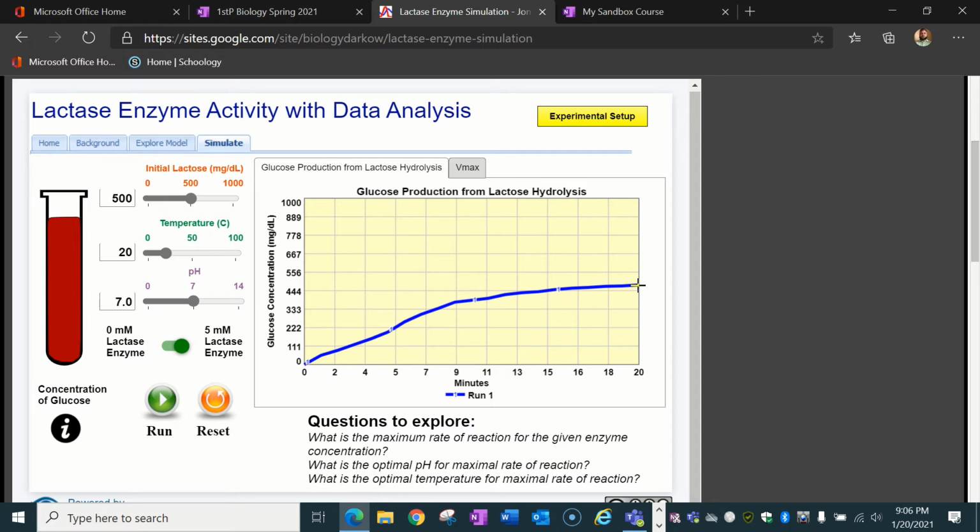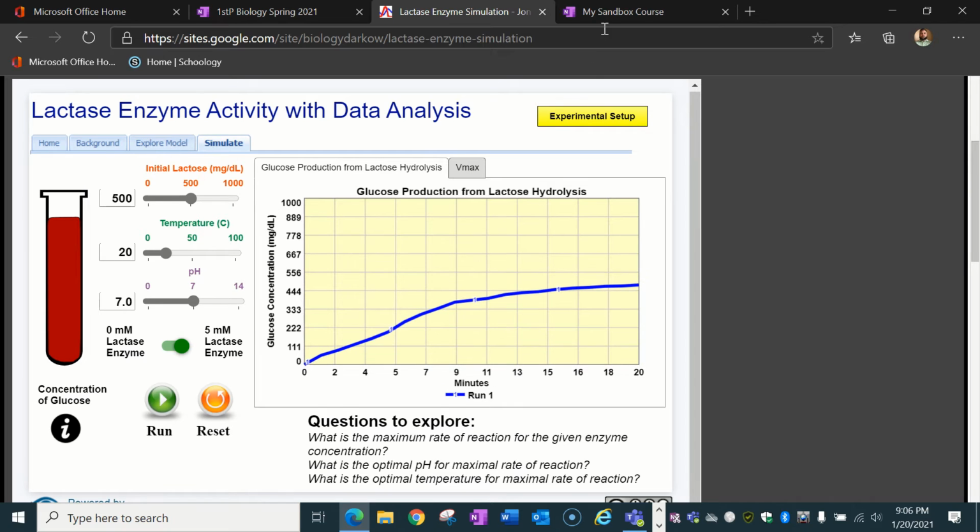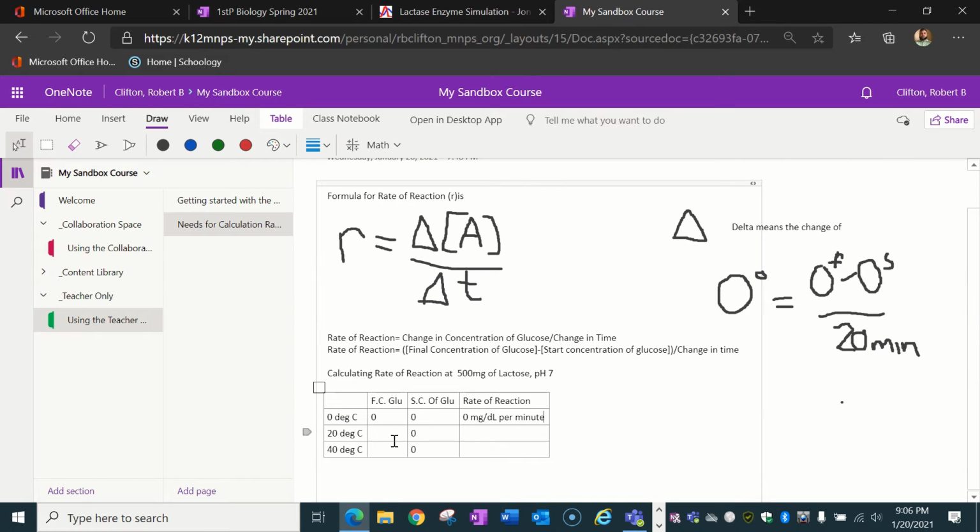And the cool thing about this is you can actually click right here and it will show you what that value is. So we're going to do 479 over 0. For this one, we're going to do 20 degrees, and set up that formula equals 479, because we know 479 is the final concentration of glucose, and we know that starting was 0.